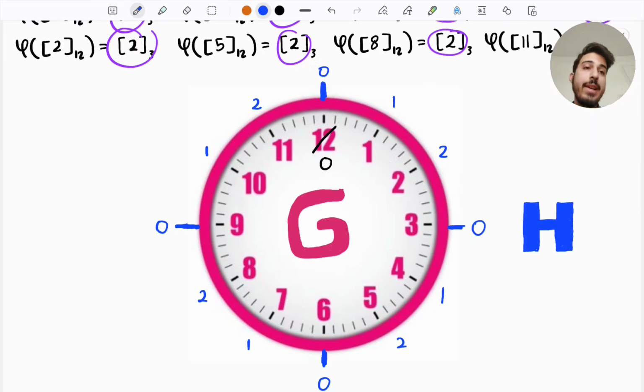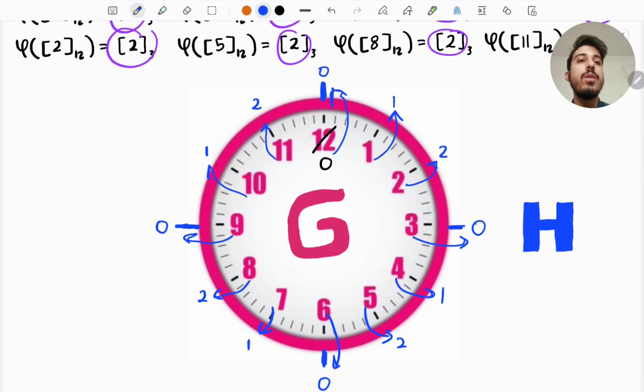So we can see here that for each quarter of an hour, we basically finish an entire round on H. So 0 goes to 0, 1 goes to 1, 2 goes to 2, 3 goes to 0, 4 goes to 1, 5 goes to 2, 6 is 0, 7 is 1, 8 is 2, 9 is 0, 10 is 1, 11 is 2, and 12 is 0.